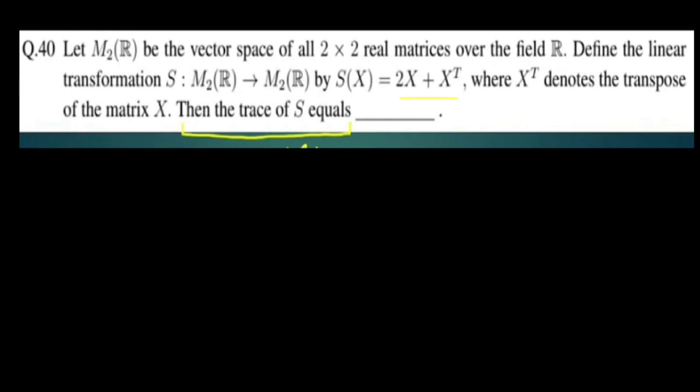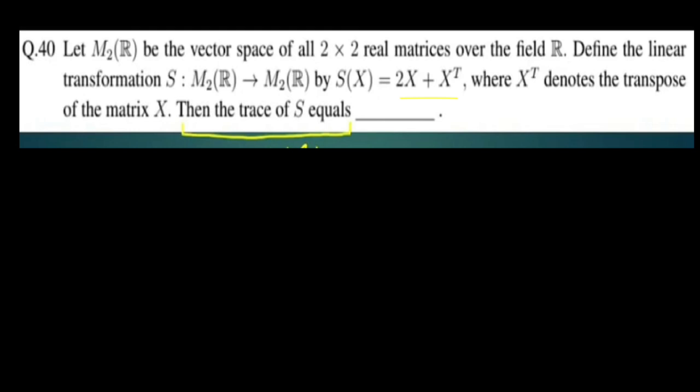We find the trace of S. Firstly, we find the matrix of this by the help of Sx equal to 2x plus x transpose. In this question S maps M2R to M2R, which is the set of 2 cross 2 real matrices with real entries.